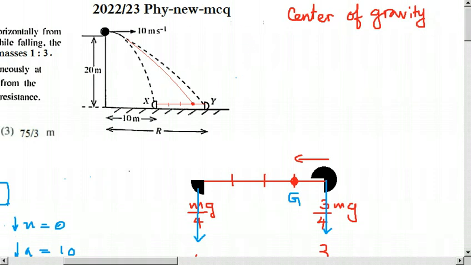The time is still t, because this distance is the same, therefore the time doesn't change. So time is still 2 seconds. Now we calculate to this side. So we are going to find out this distance to the center of gravity, the distance from the bottom of the building, say r dash.